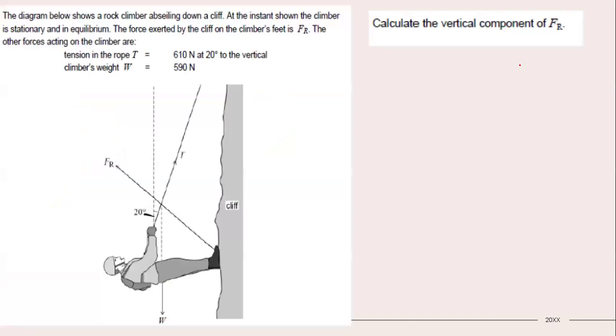The next question, you have to find the vertical component of the normal reaction force. It's exactly the same question that we have done before. So try to make a vector triangle yourself, and then look for the vertical component of FR, not the FR itself.